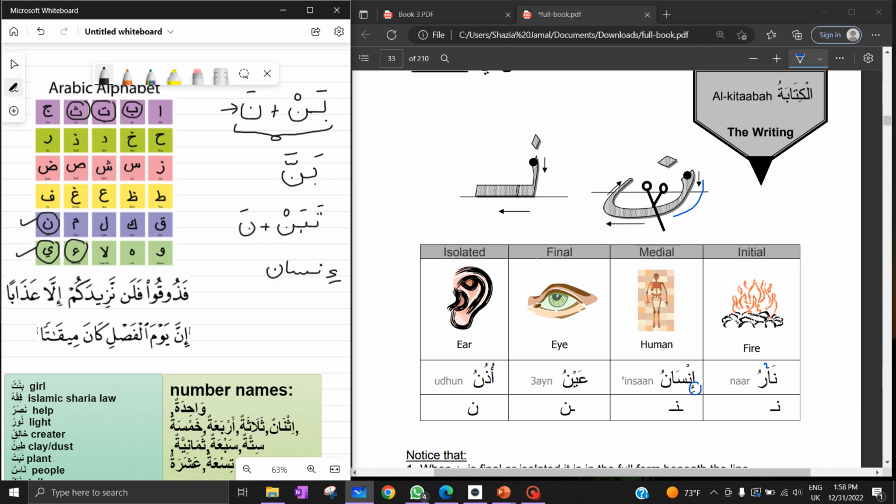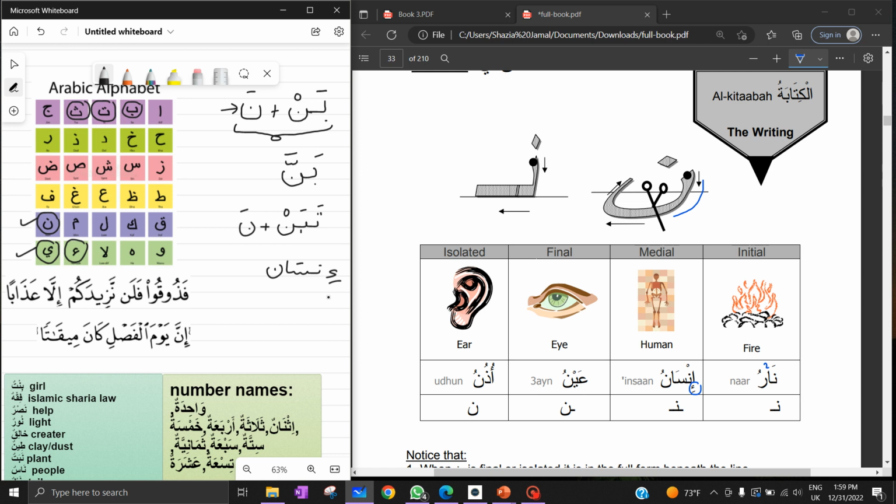I cannot write like this. I have to follow some writing rules for Hamza. This rule only applies when Hamza starts any word, the starting letter in a word.